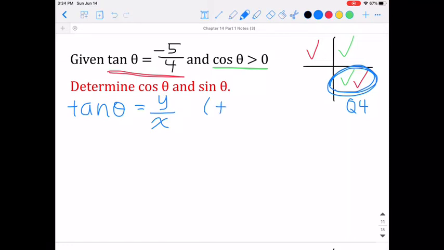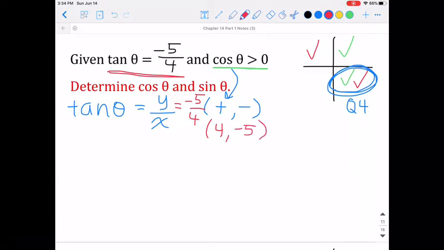So our point is going to be positive, comma, negative, because tangent is negative and cosine is positive, which means that we can write this as negative 5 over 4. So our point is going to be 4 comma negative 5 for our ordered pair.